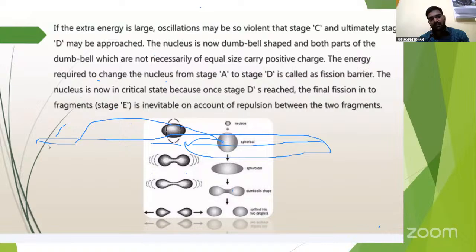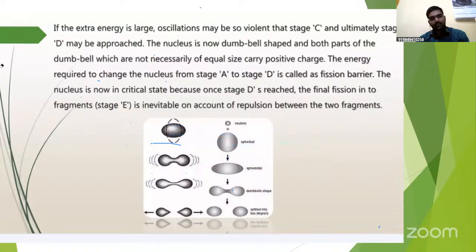Here if you see, if the extra energy is large, what happens? It reaches stage D. Oscillations may be so violent that stage C and ultimately stage D approach. So stage D will be like this.